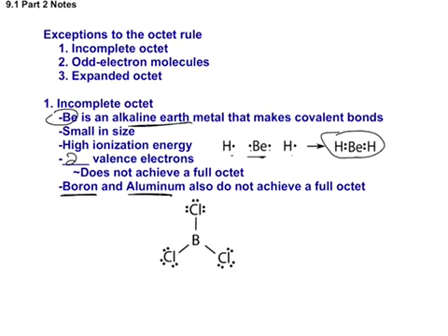In BCl3, notice each of these is 2, 4, 6 electrons, and so boron has an incomplete octet. And again, that is okay. You will have to memorize that beryllium, boron, and aluminum are the 3 elements that break the octet rule and have incomplete octets.